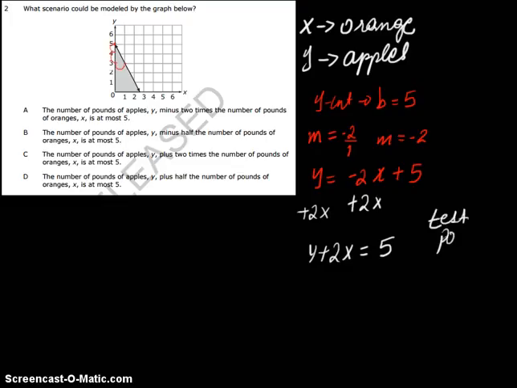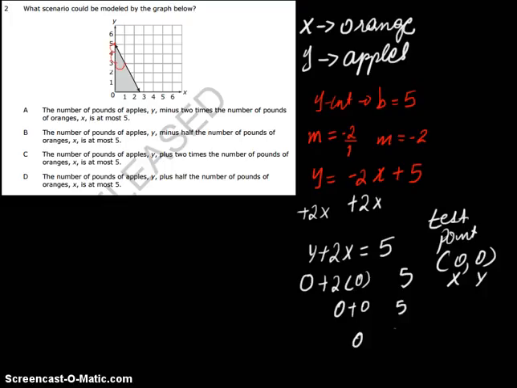It definitely includes (0, 0), so I want to get a true statement when I plug in 0 for x and 0 for y. So I put 0 plus 2 times 0 is 5, and I get 0 plus 0 is 5, and 0 is 5.